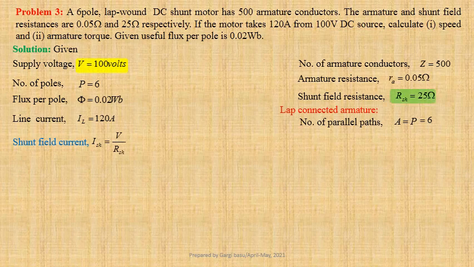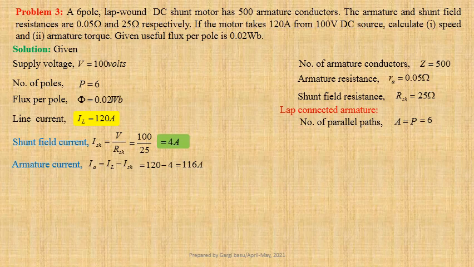Using values we get 100 divided by 25, that is equal to 4 ampere. Armature current IA equals IL minus ISH, that is 120 minus 4, that gives us 116 ampere.